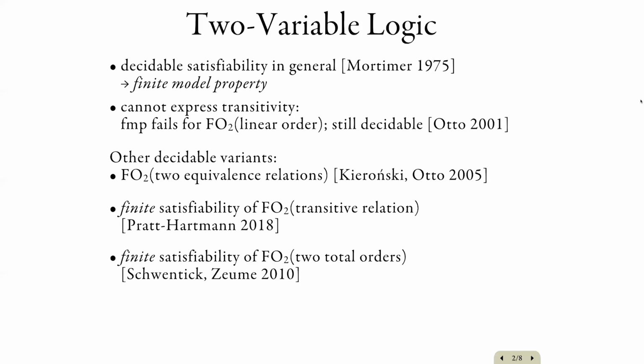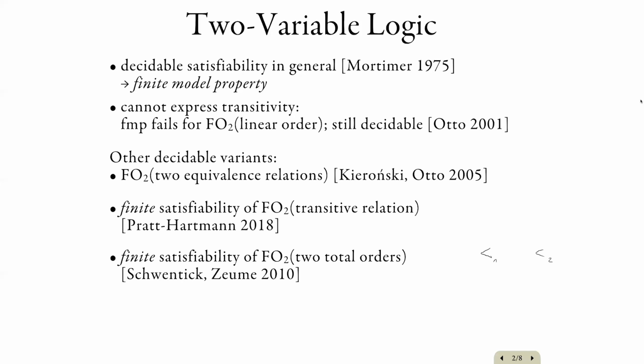Very related to this work is the result of Szwentyk and Zeume, which states that finite satisfiability of the two-variable fragment with two total orders is decidable. So we are given two binary relation symbols, and we assume that they are total orders, and we ask, does a given sentence of two-variable logic have a finite model in which those two relations are total orders?